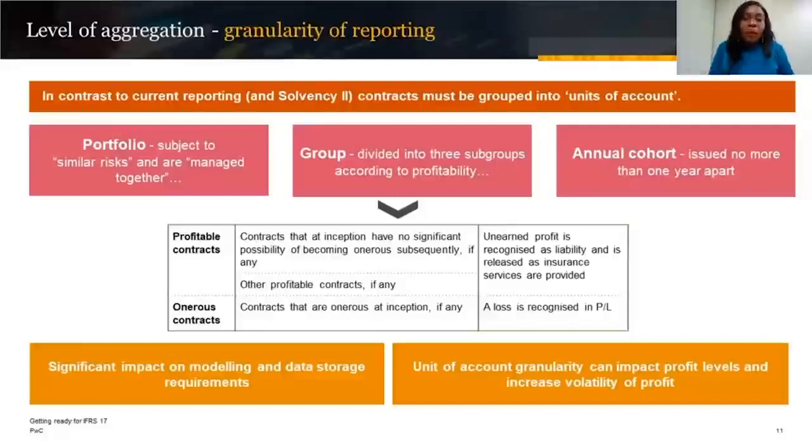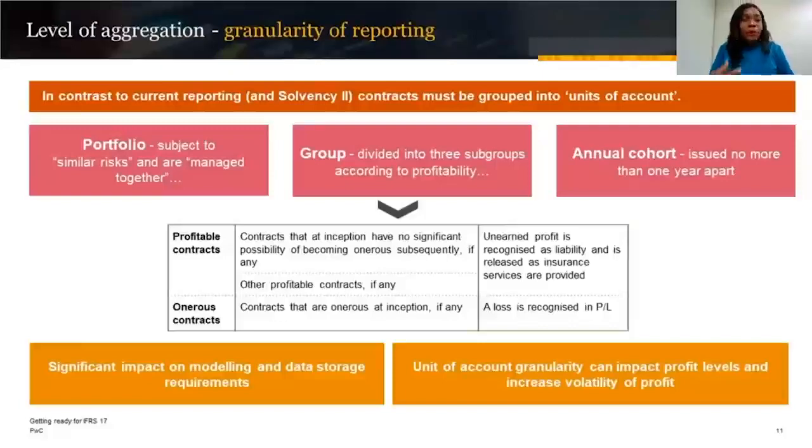And then one further consideration is the annual cohort. So after determining each group within each portfolio, you now need to break it down further into contracts that are issued in the same year. So you cannot have contracts that are issued more than 1 year apart in one unit of account. So by the time you do all this, you might find out, depending on the nature of your business and the size, you might be having hundreds and thousands of units of accounts.